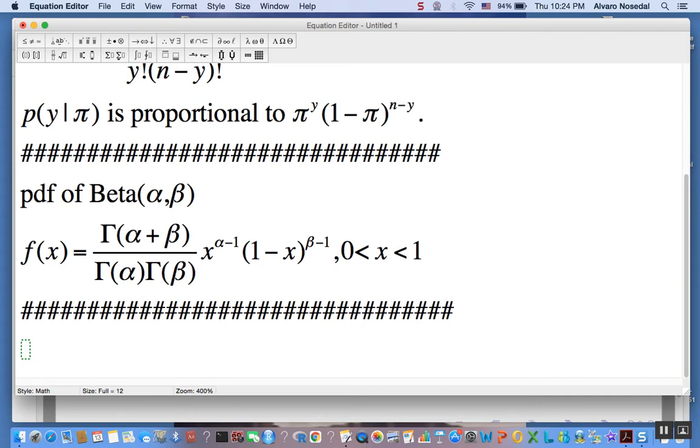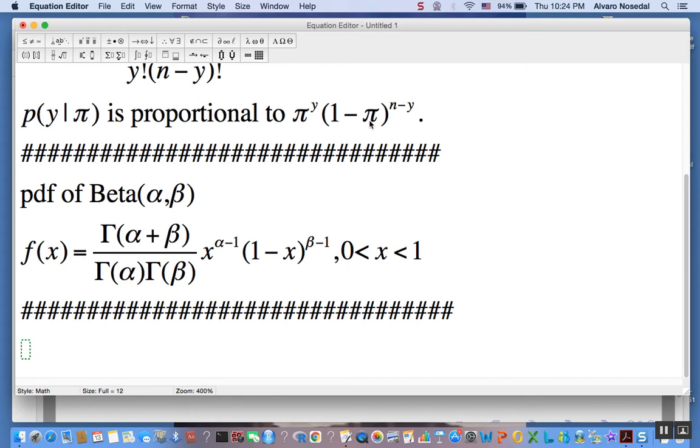So, after seeing the probability density function of a beta, we think that a good candidate for a conjugate prior for pi is the beta distribution family.